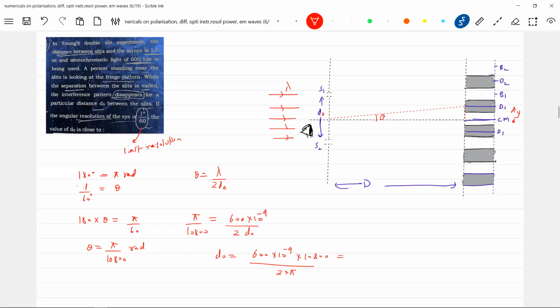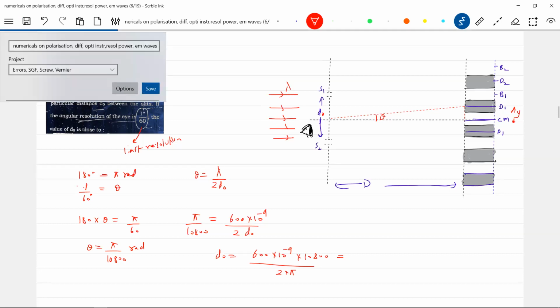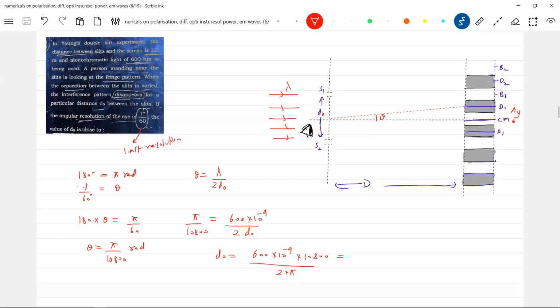10 to the power of minus 5, 6 into 108, 3 into 108 by. Anybody value? I'll conclude the problem. Sir, 1.03 into 10 power minus 3 centimeters. It is centimeters, sir.